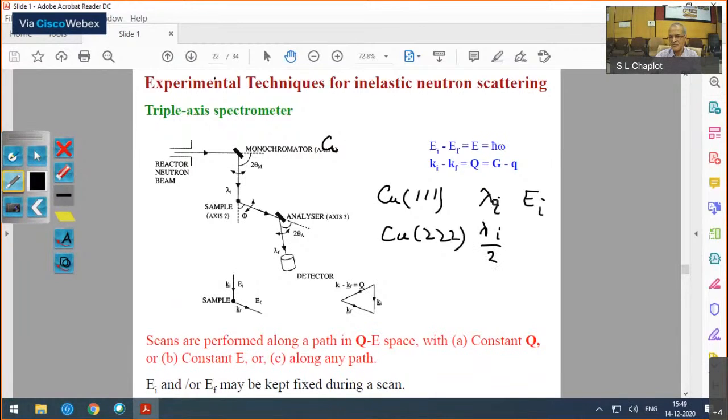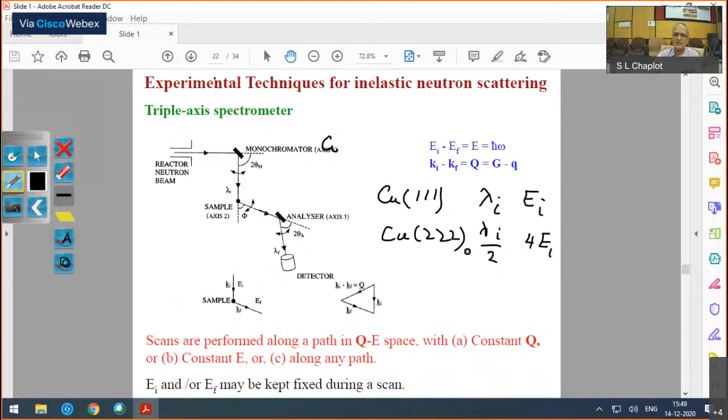For the next higher reflection, the d spacing is half, and so, with the wavelength given by 2d sine theta equal to lambda, the wavelength is half, or the energy is 4 times.